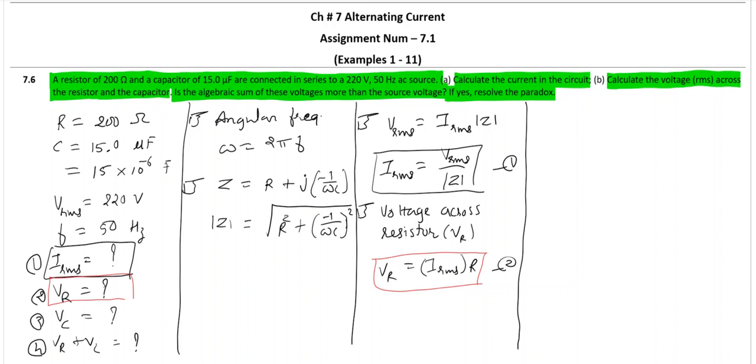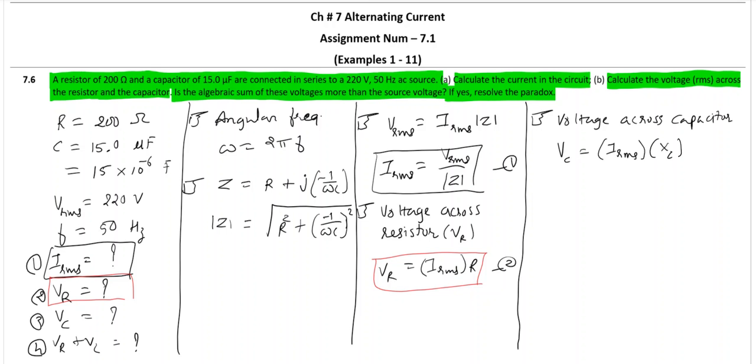Then similarly you can find out voltage across capacitor. VC is equal to IRMS into XC.